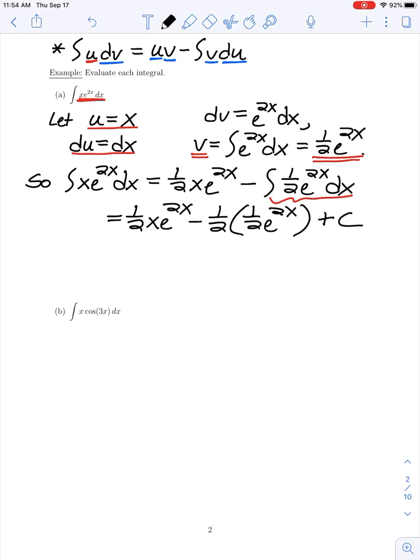Since this was an indefinite integral, we need to include that constant to find the most general antiderivative. Now in our last step, we'll simplify just a little bit. We've got 1/2 x e to the 2x minus 1/4 e to the 2x, and then a plus c on the end.